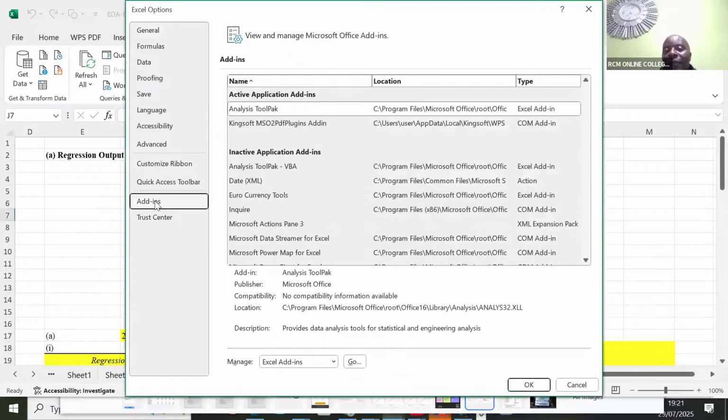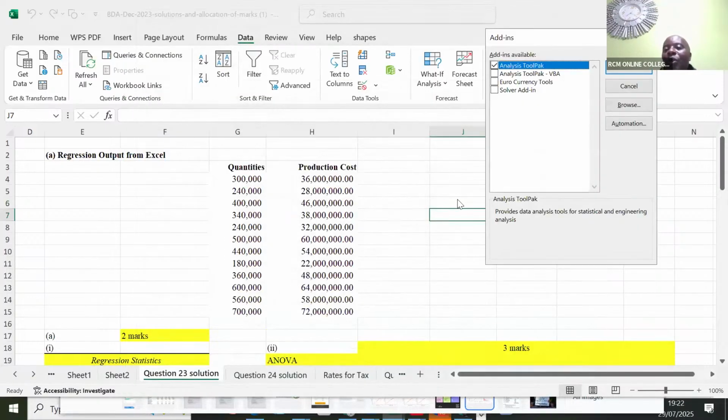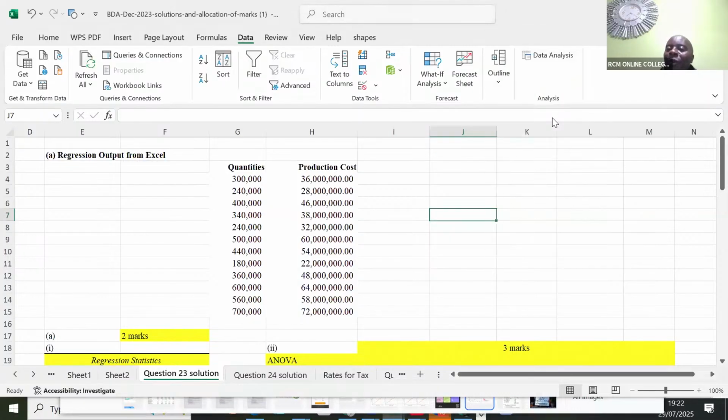So you say add-ins, and simply say Go. Once you say Go, you'll get this pop-out window. Ensure that you tick this analysis toolpack, and then you say okay. Once you say okay, you'll be able to see this data analysis toolpack coming.